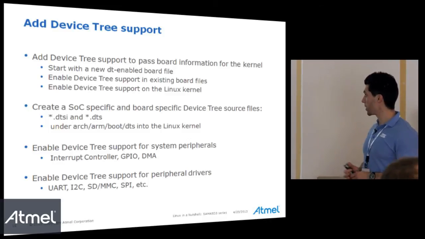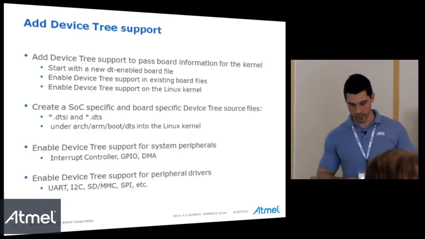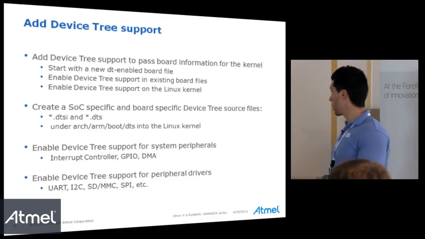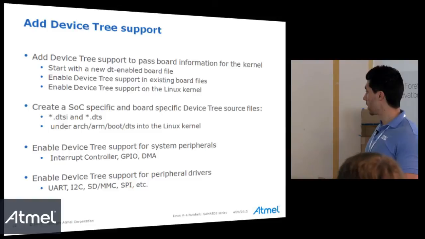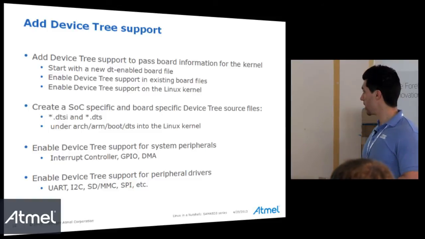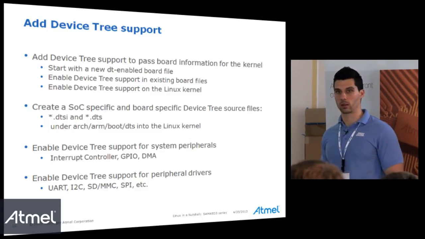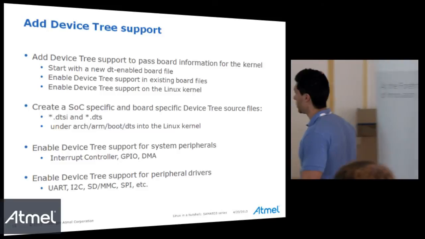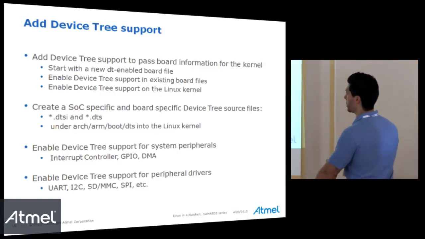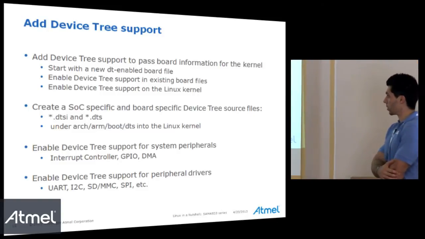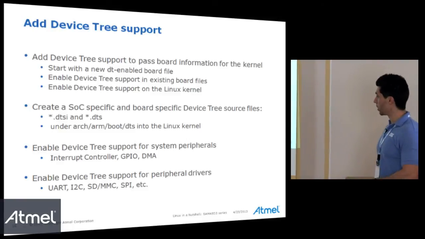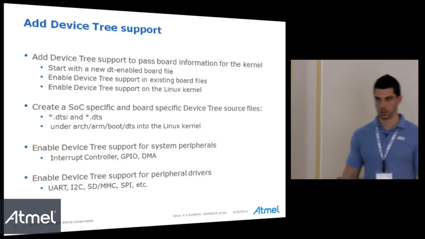The different files used by the device tree are DTSI and DTS files. DTSI stands for device tree source include. So this is a header file, as you can understand. And DTS stands for device tree source, and it's located under the DTS directory in the Linux kernel.